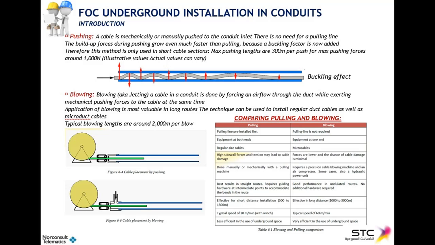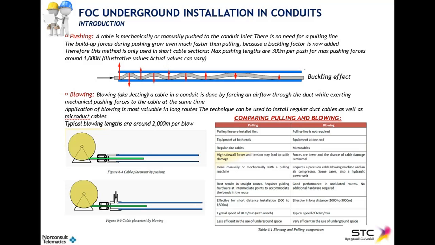This drawing here is comparing, for your benefit, the cable installation by pushing with the cable installation by blowing. They are very similar because in both cases there are pushing forces making the cable go inside the duct. However, blowing is supported by air insufflated in the duct, which makes the cable float inside the duct and prevents the buckling from happening.